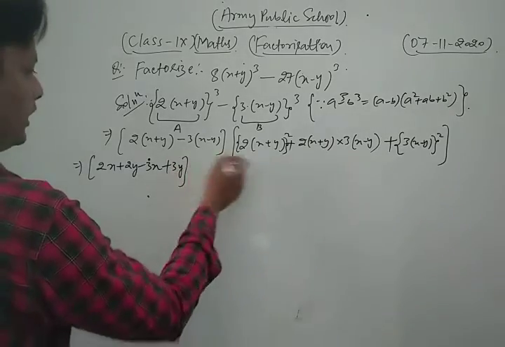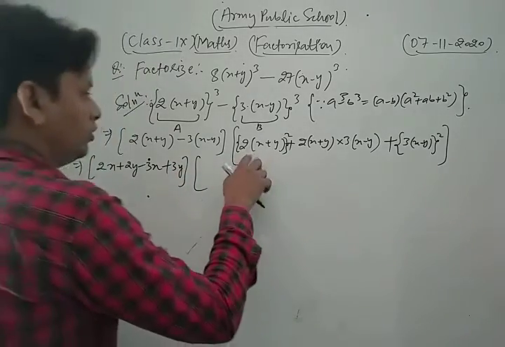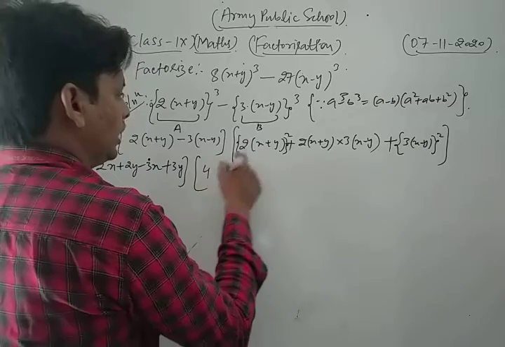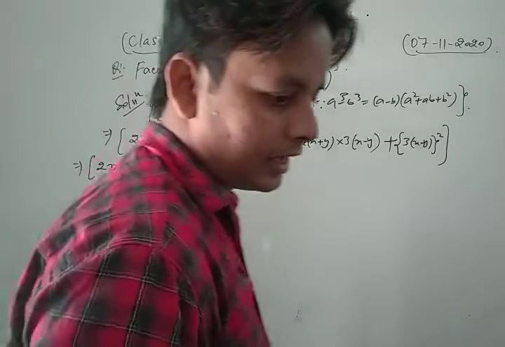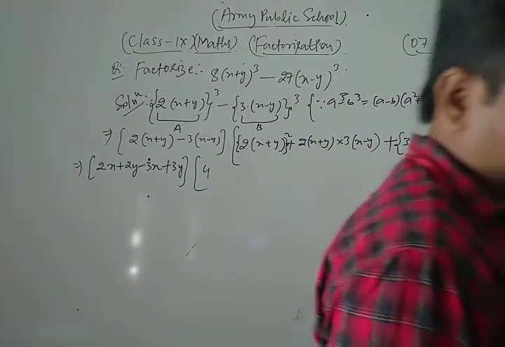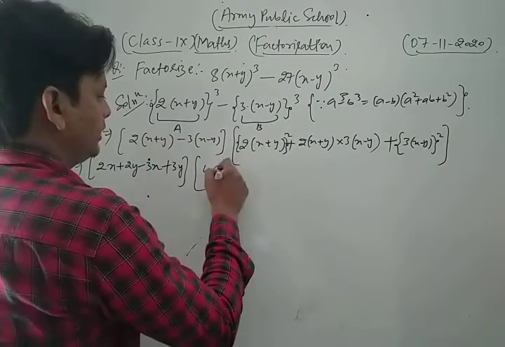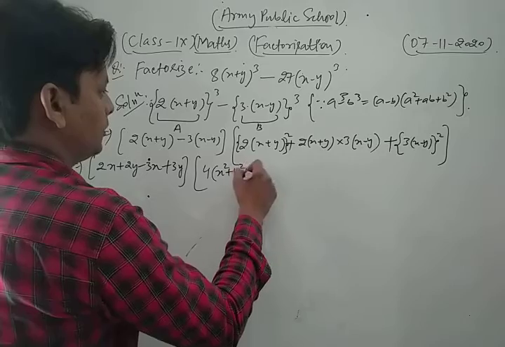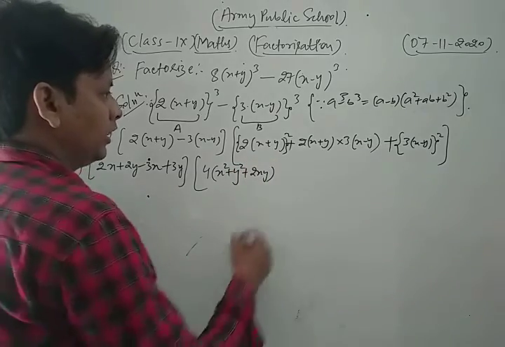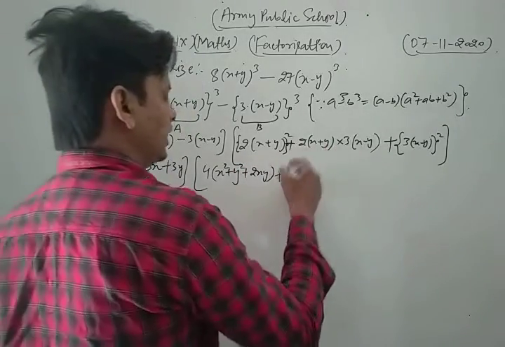Okay. Now in the next bracket we write what? Now look, this is 2 to the power 4, and (x plus y) whole square. Now expand them on the identity (a plus b) whole square. This is a square plus b square plus 2ab. Okay. Now look, plus 3 to the 6.